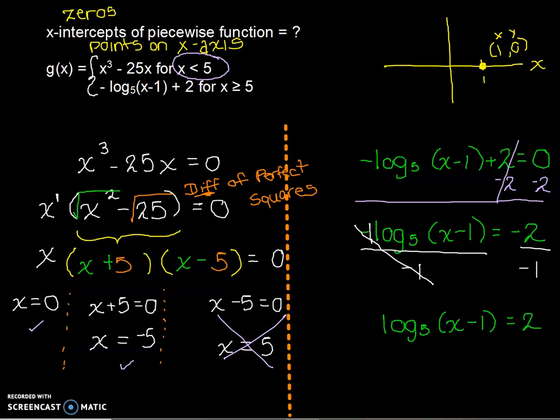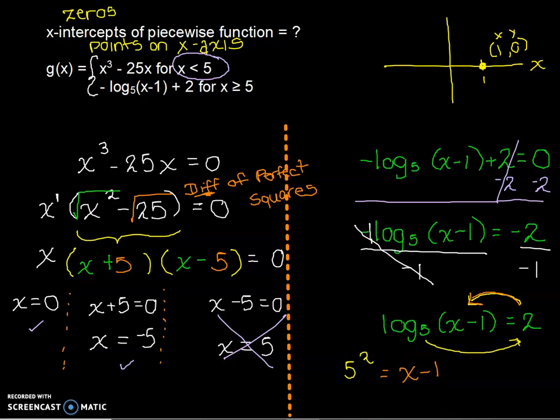When you have a log on just one side of the equal sign, you can rewrite this in exponential form. Remember, base to the other side. 5 to the second power equals x minus 1. So base to the other side equals whatever you're taking the log of, which is x minus 1.